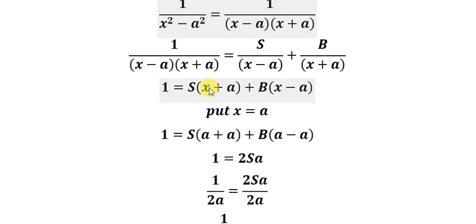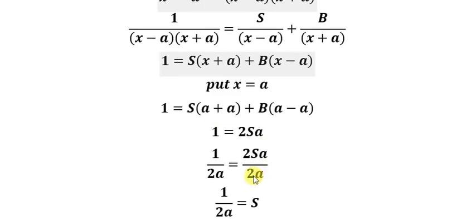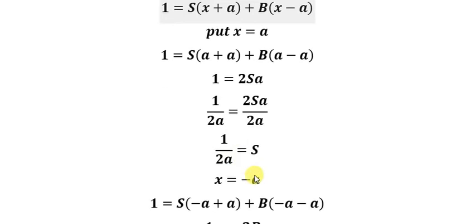When we put a here, a minus a gives us 0, and 0 times b eliminates the b. We'll be left with 2a and then the s. So 2sa is equal to 1. We are looking for s, so we divide both sides by 2a, and we are left with 1 over 2a equal to s.